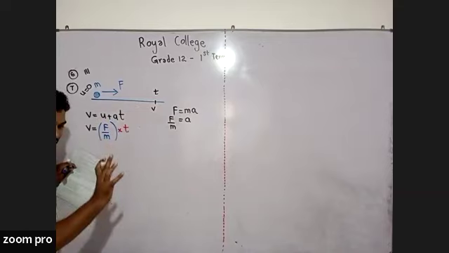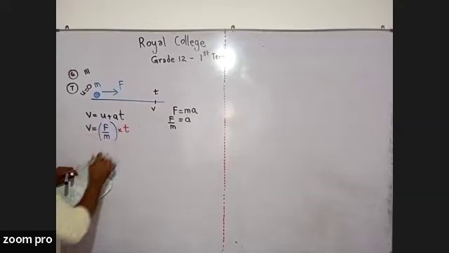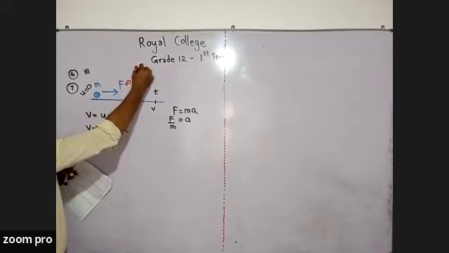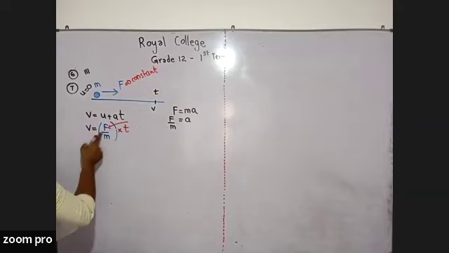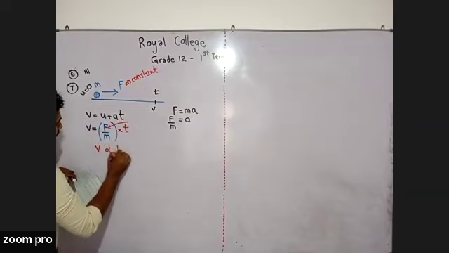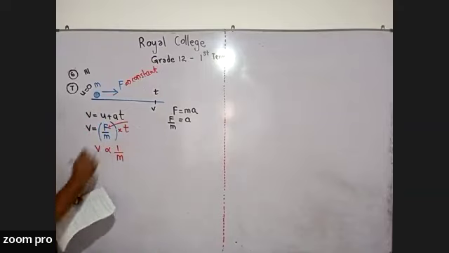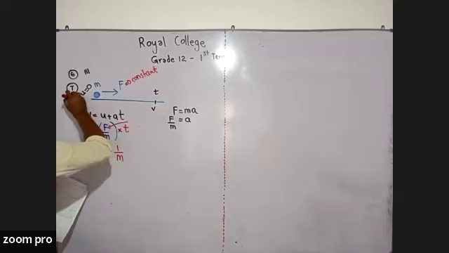So the question is asking about the velocity after a particular time. The question mentions that F is a constant, so F doesn't change. Then we can mention that v is proportional to 1 over m, right? So the answer should be the second one.